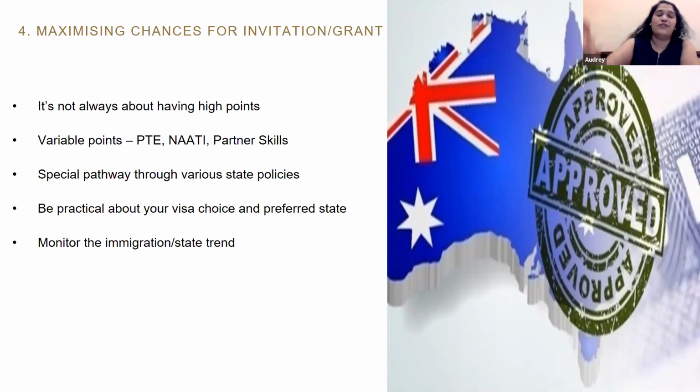They don't announce like, hey, we're going to start giving out invitations for relative sponsorship for pro rata occupations. But this is something we need to monitor, okay? And all this is to try and maximize your chances to receive an invitation, because invitation is the most important bit of the application. No invitation, you can't proceed to a visa submission, okay?